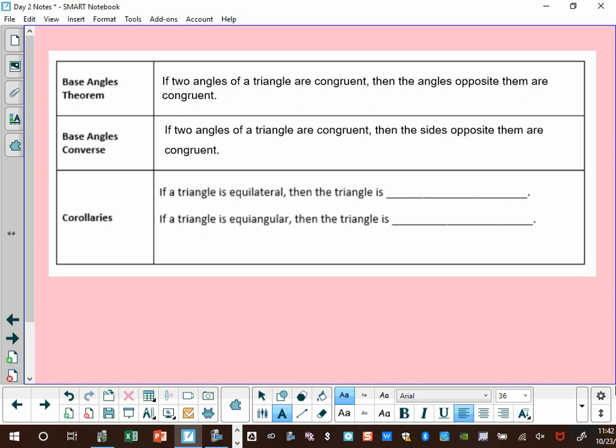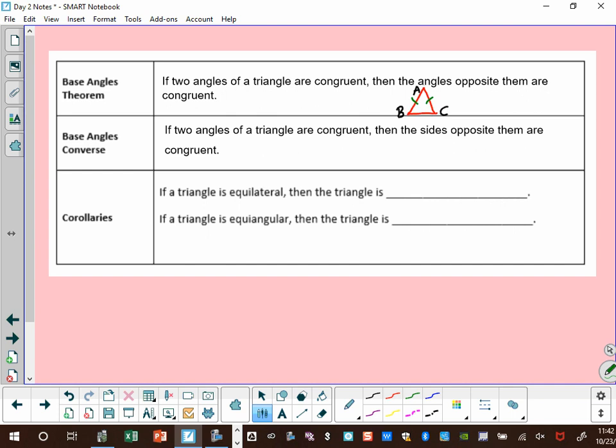So the first one says if 2 angles of a triangle are congruent, then the angles opposite them are congruent. If I have a triangle, and let's call this triangle ABC. Alright, so if it's isosceles, we have 2 marks there.